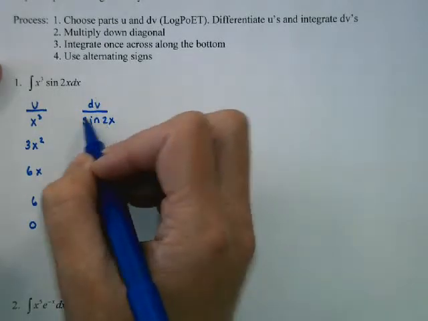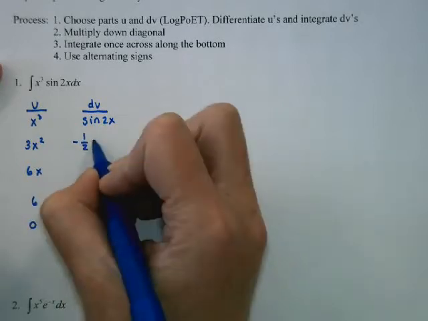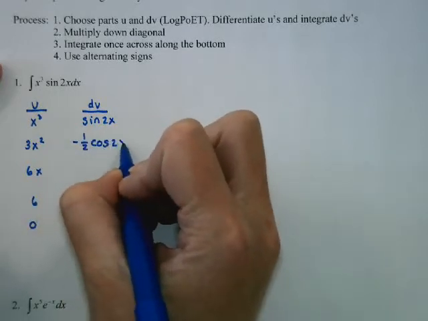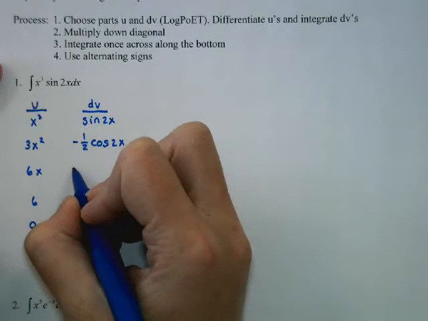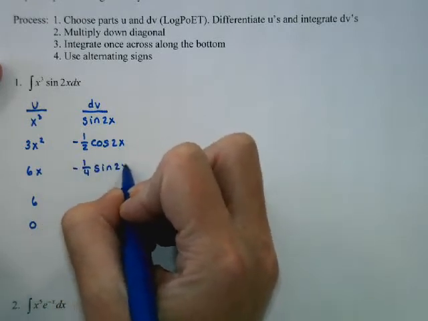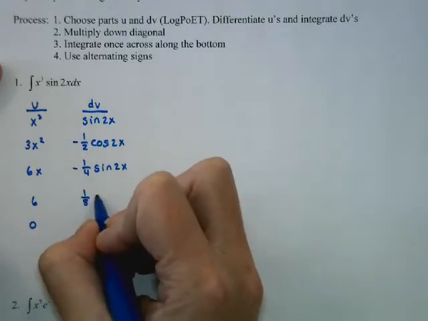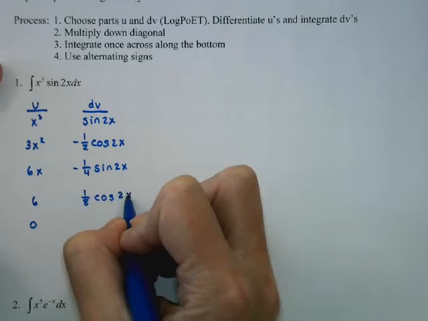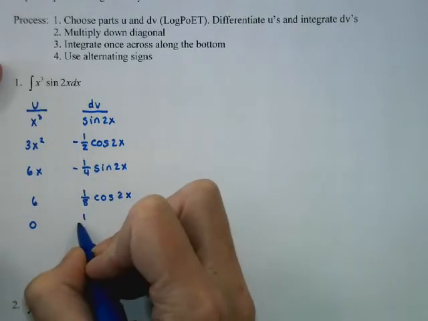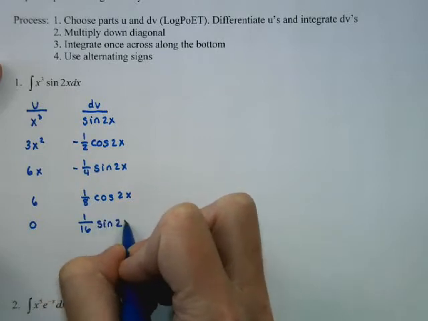So the integral of sine is going to be negative 1/2 cosine 2x. Integral of that's going to be a negative 1/4 sine 2x. Then we're going to have a positive 1/8 cosine 2x, which makes our last one a positive 1/16 sine 2x.